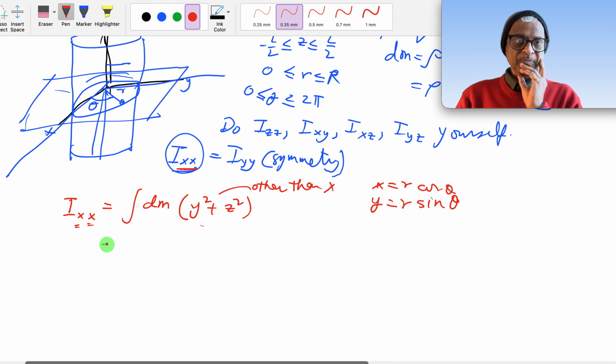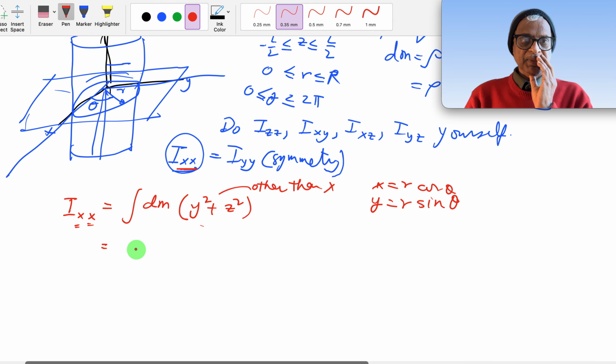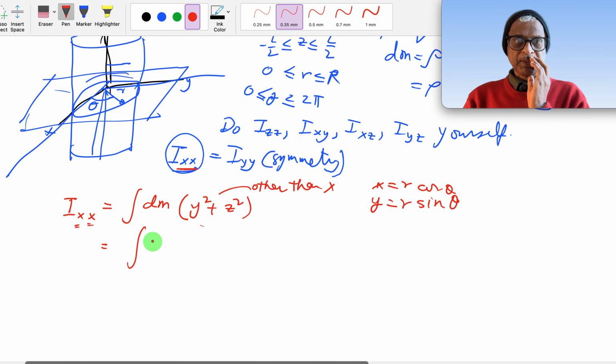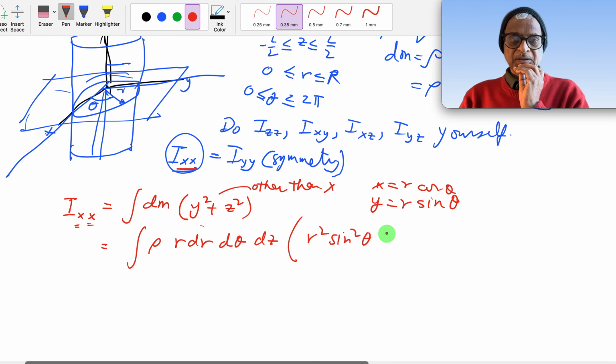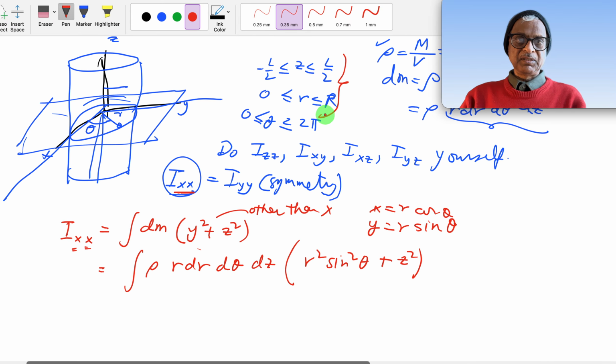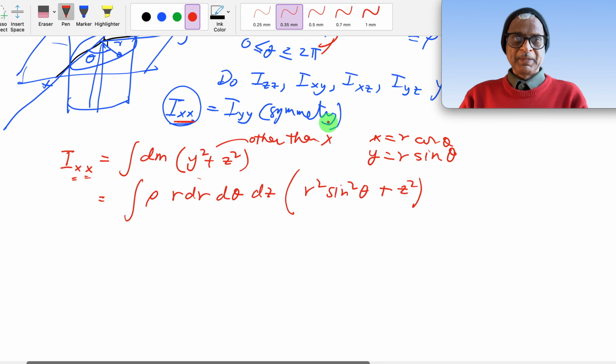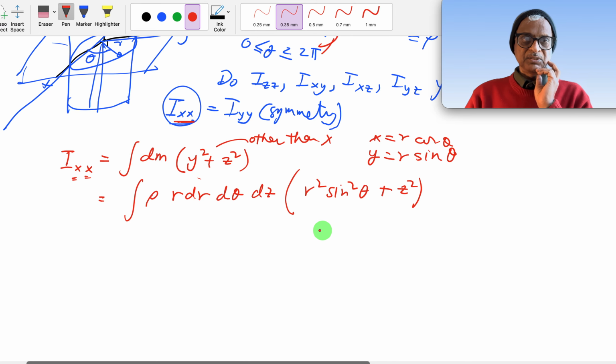So dm is going to be rho r dr d theta dz, and this is r square sine square theta plus z square. These are the things we have to integrate. Those are limits. So there are two integrations we have to do.